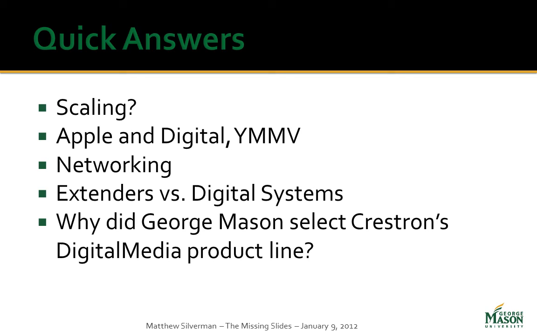Now, before this, George Mason was a very heavy Crestron environment. We had started with Crestron in our classrooms around 2003, and around 2007 we really embraced QuickMedia. QuickMedia was an awesome product for us because it allowed us to very easily build a lot of systems quickly and, in almost 2 years, double the number of classroom systems we had at George Mason.